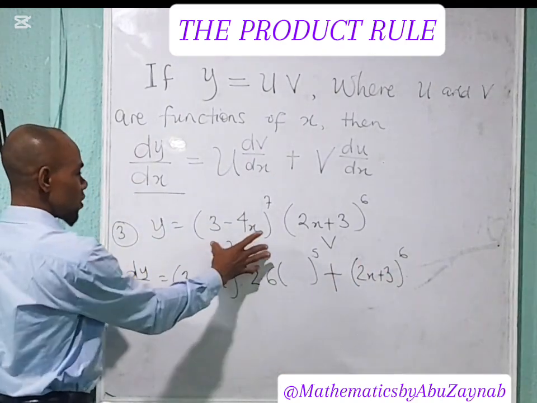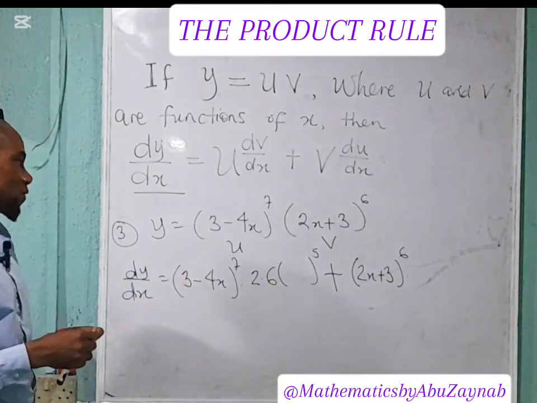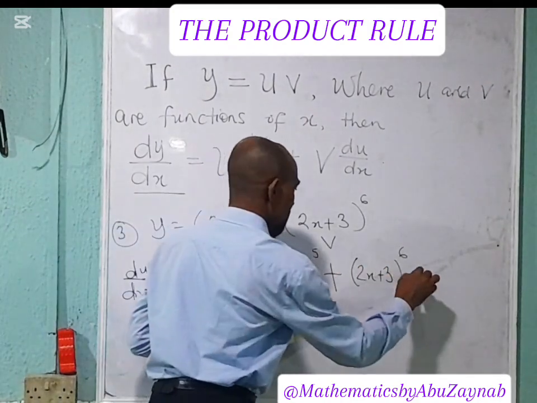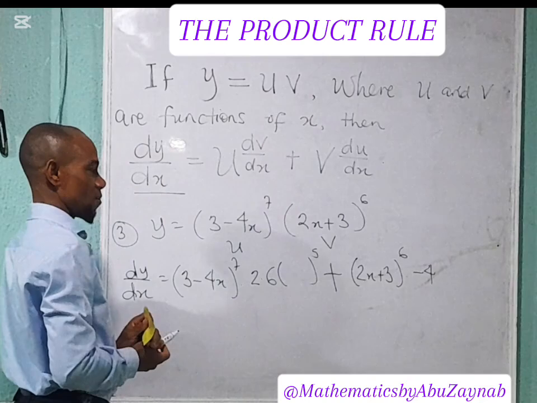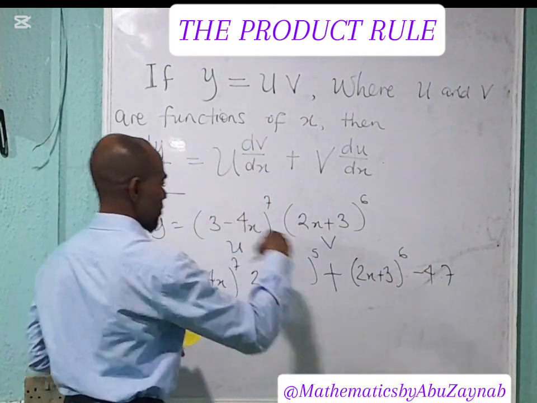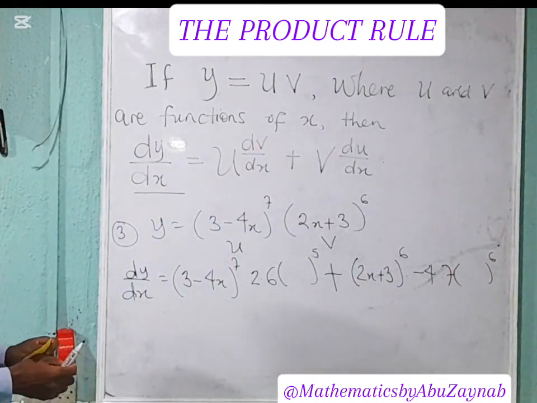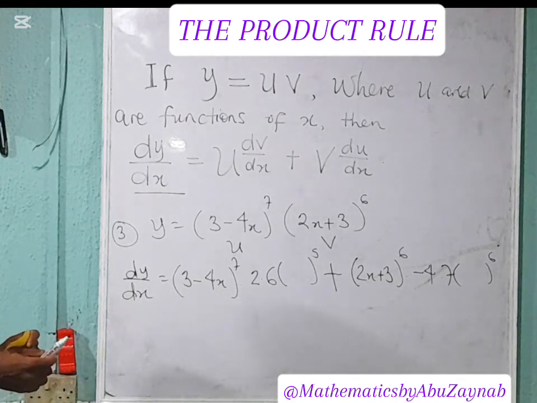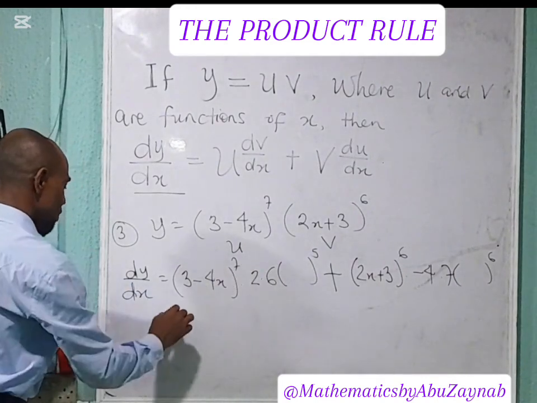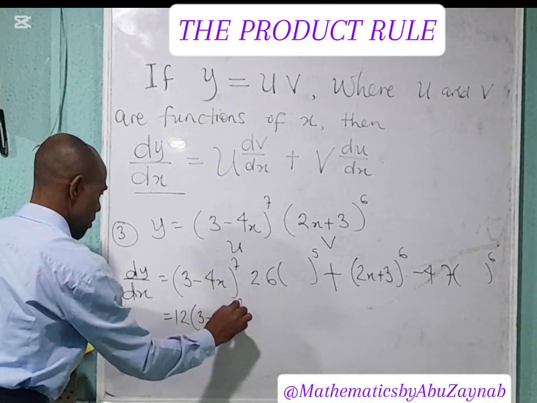That's v. Now, differentiating u, don't forget, u is the entire 3 minus 4x to the power of 7. So, differentiating u, I have to look at internal first. That's going to become minus 4. That's internal. Now, the external will give me 7 times this raised to power 6. It's a bit cumbersome, I know, but it's quite straightforward really. So after doing that, we can now simplify further. This is actually 12, we have 3 minus 4x to the power of 7.